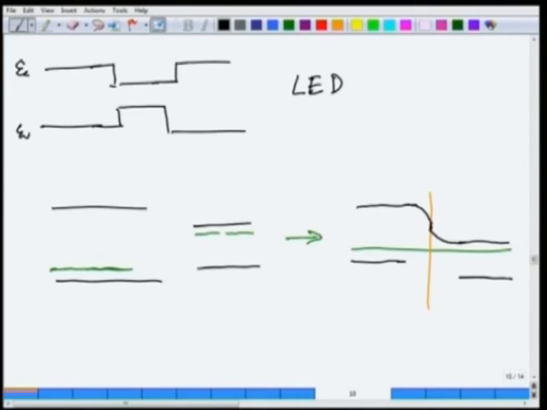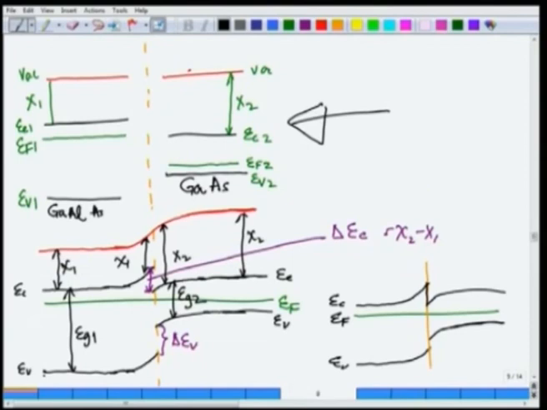In this case, you are going to see something like this, and something like this. Oh, sorry, this is wrong, because this should be Eg2 all the time. Whatever happened in the previous diagram, you got this feature in the conduction band, and this type of feature was delta Ev, of course.